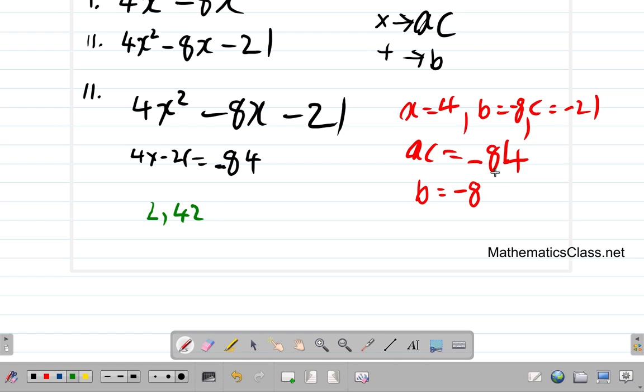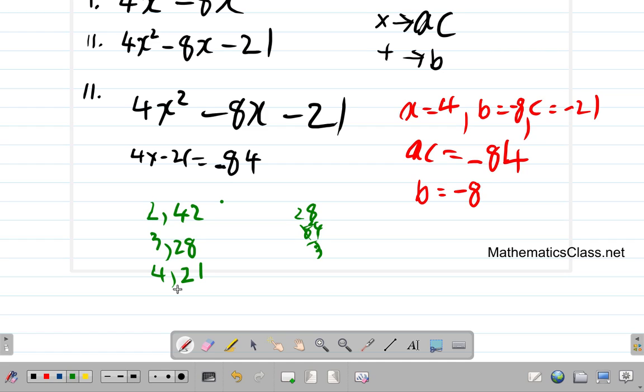Can 3 go into 84? 3 into 8 goes 2 times and 2 remainder, 3 into 24 is 8. So we have 3 and 28. We have 4 and 21. 5 can't work, 6 can't work. Can 8 work? 8 times 9 is 72, 8 times 10 is 80. No, 8 cannot work.